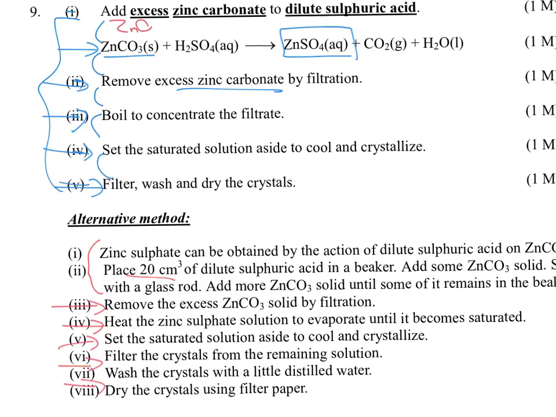Maybe she or he looked at the textbook. However, the question only provides you zinc chloride or zinc carbonate. No zinc oxide is found in the question. So many of you write down zinc oxide here, remove zinc oxide, and so on. Of course, for the term zinc oxide, I will deduct marks. But in fact, in a public exam, you may score no marks. So please read the question carefully about this one.